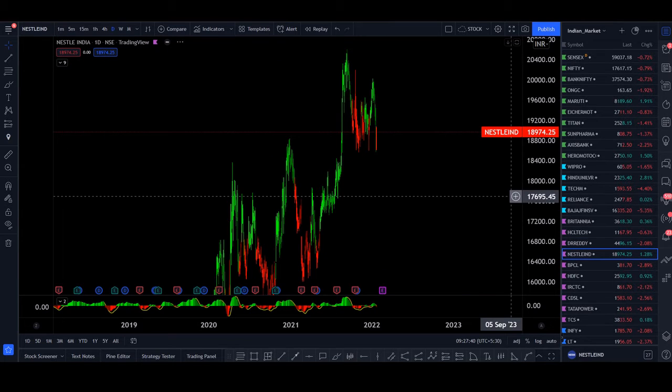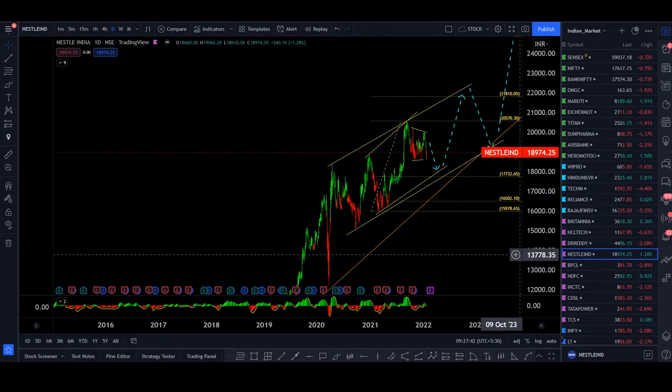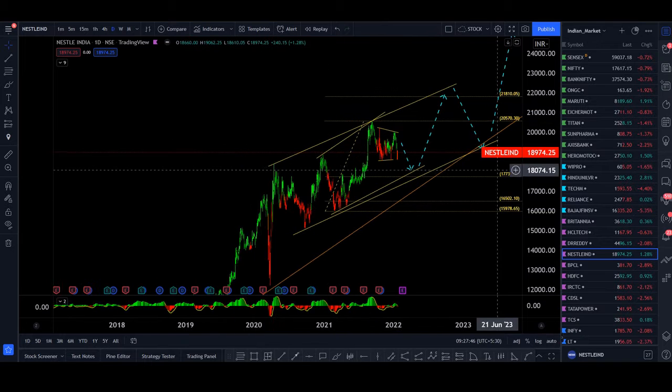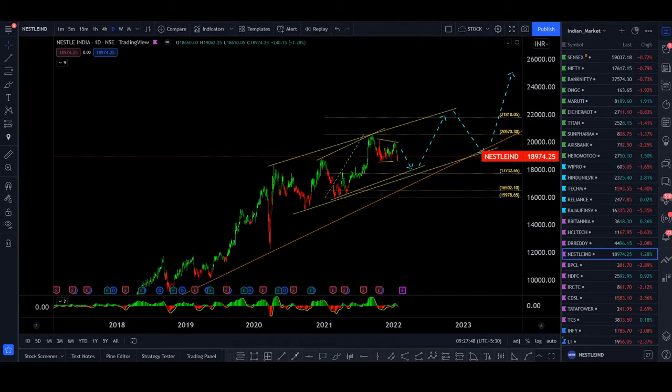Coming to Nestle. Nestle has some more room to go down. It's not the end of a B wave as such, because if you see here, this is an impulse followed by a correction, and this is an internal wave of the correction, as it's not a bigger correction. So this is an internal correction of the B wave.